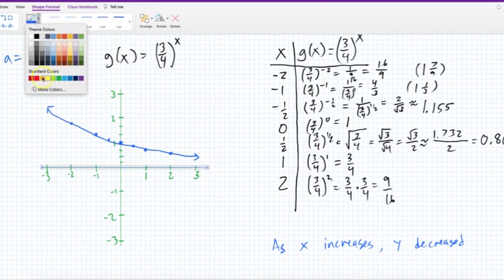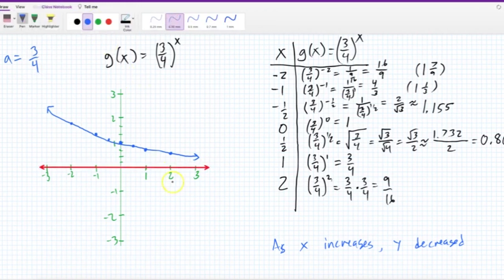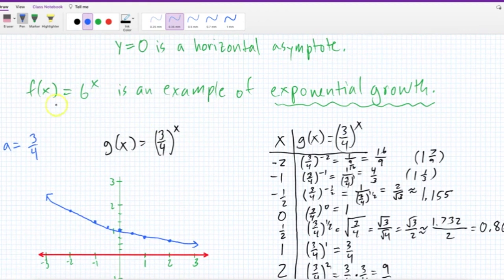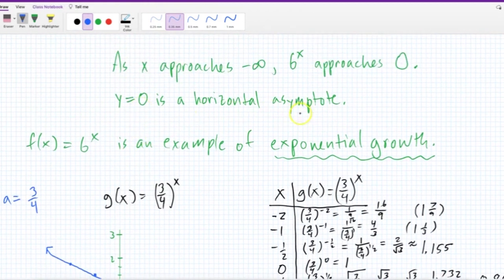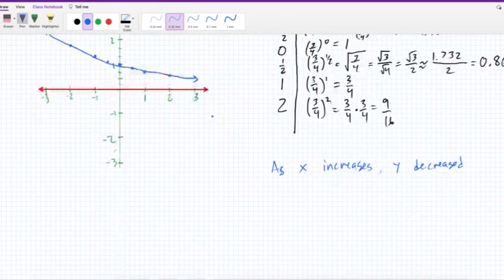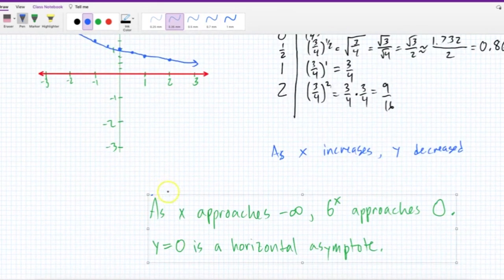Okay, and I'll do the same thing I did before, make it bright red and thick there. So we can actually go up here and we could say this same exact thing we said before, except change 6 to the x to 3/4 to the x. Let's change this 6 here to 3/4.